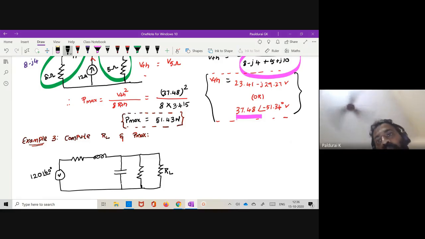Take case 2. 80, J60, minus J30, and this is 90.